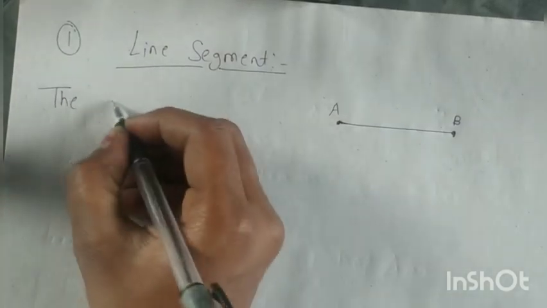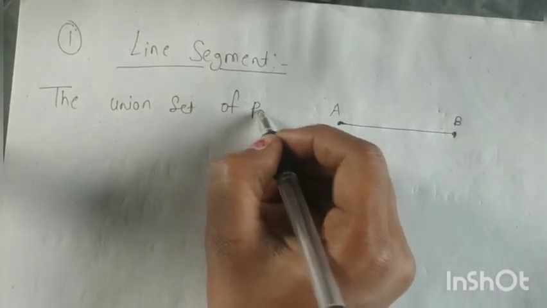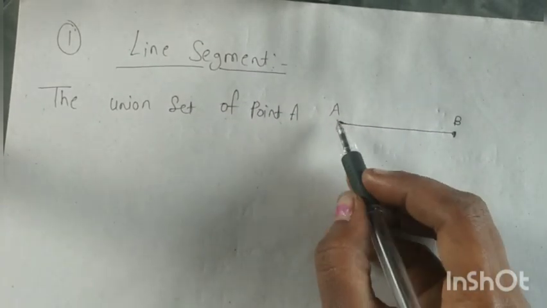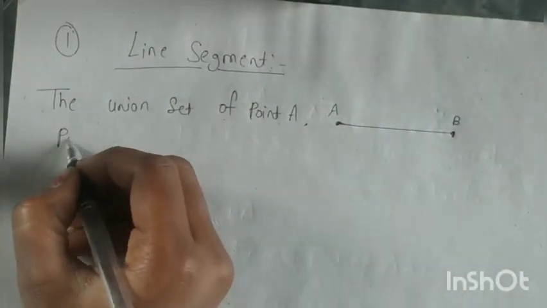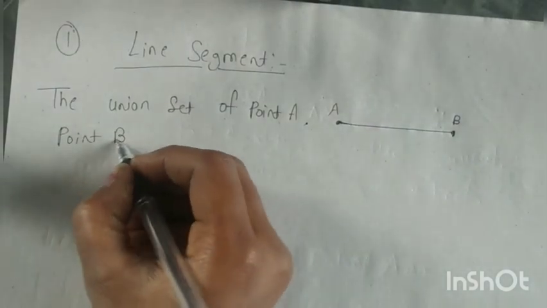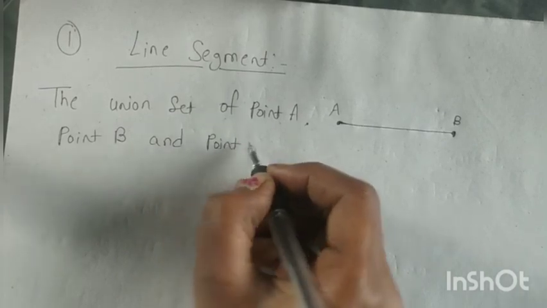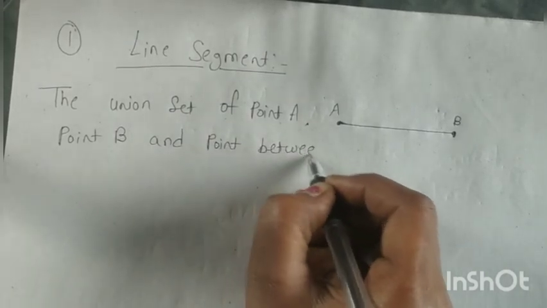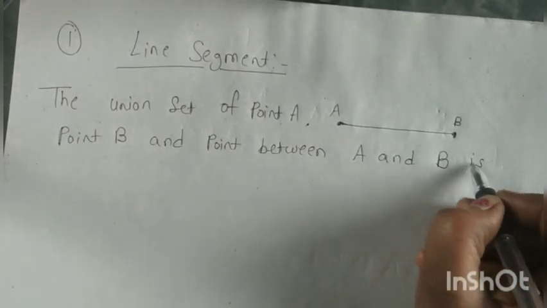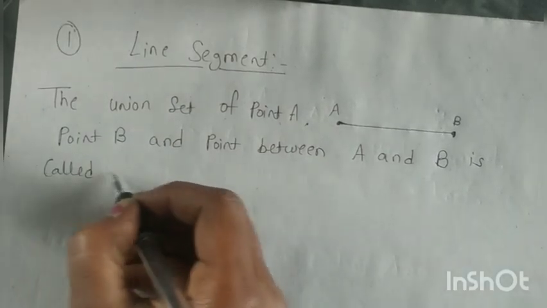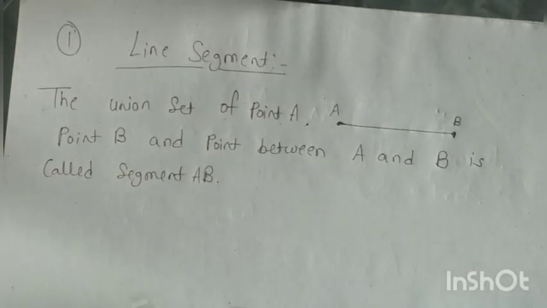The union set of point A, point B and the points between A and B is called segment AB.